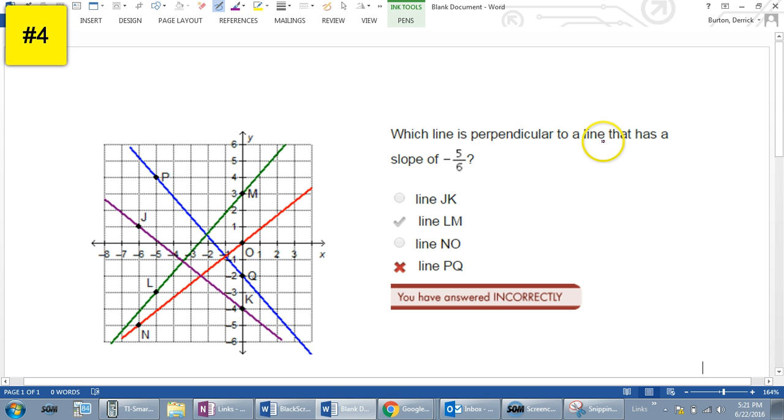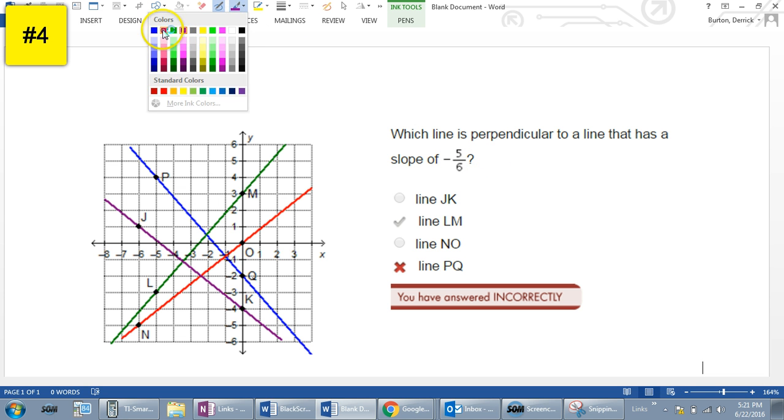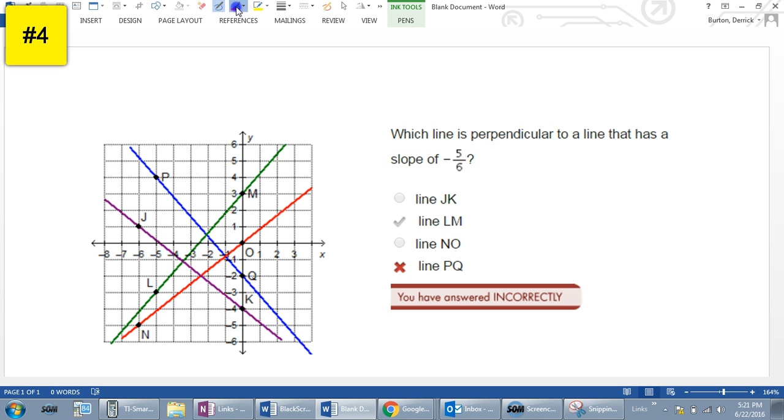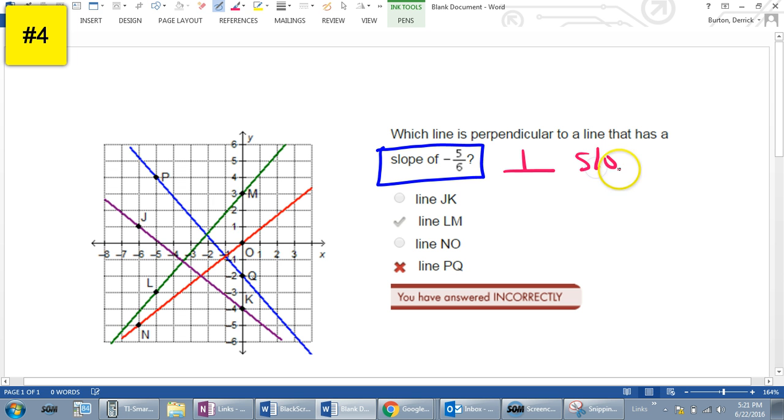Which line is perpendicular to a line that has this slope? Perpendicular, one more time. This is our original slope, and I'll switch to pink for the perpendicular slope. Tell me the slope of a perpendicular line. It would be 6 over 5.